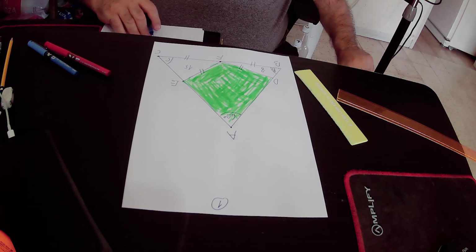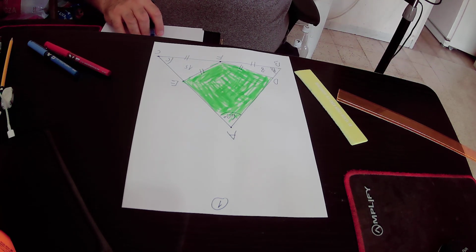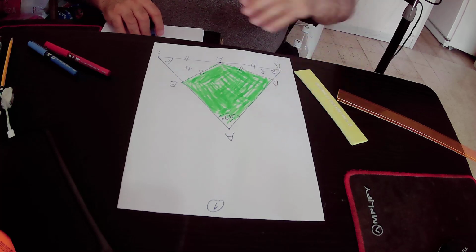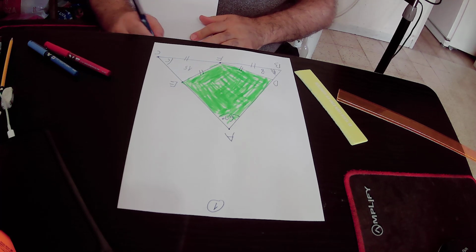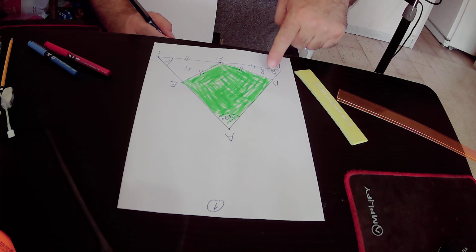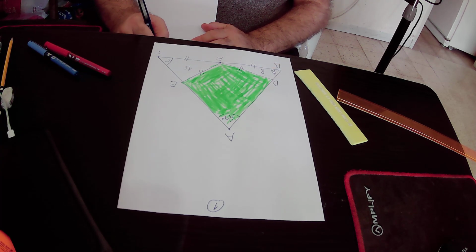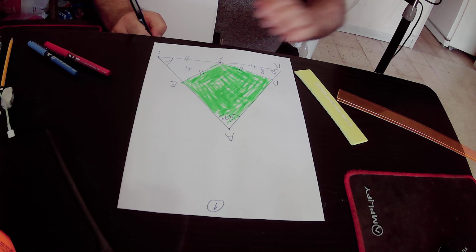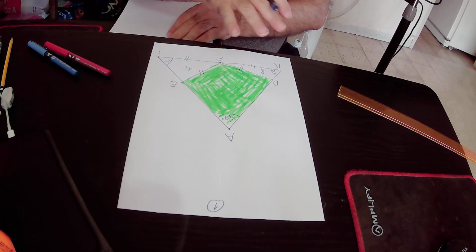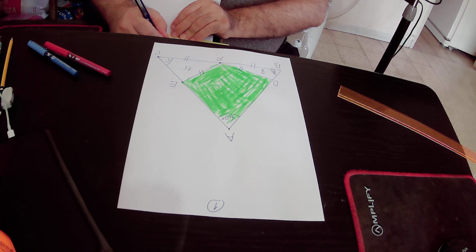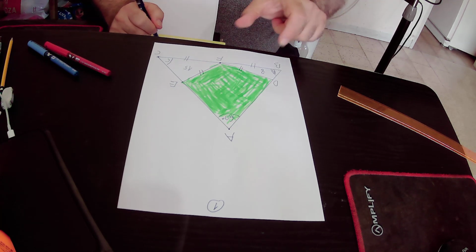So actually, in our drawing, we have triangle DBF. We know that in triangle DBF, this small triangle, BF equals DF.